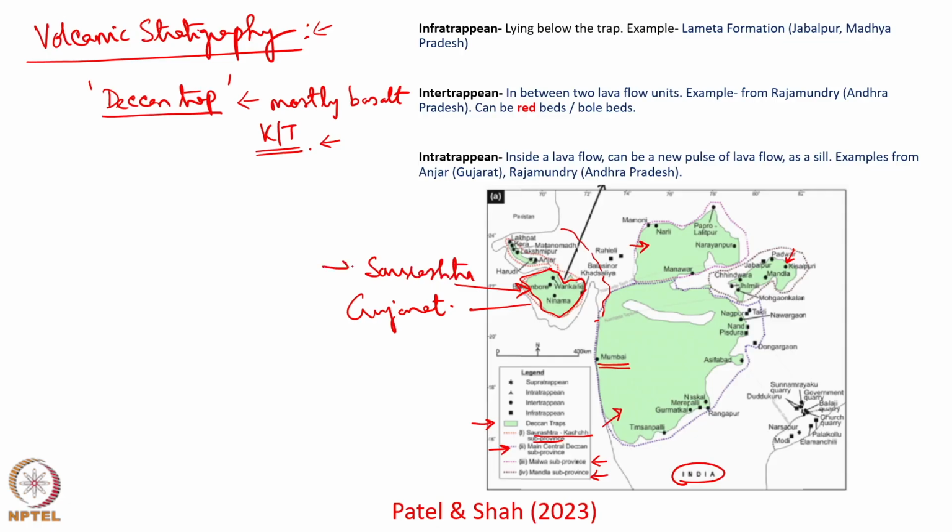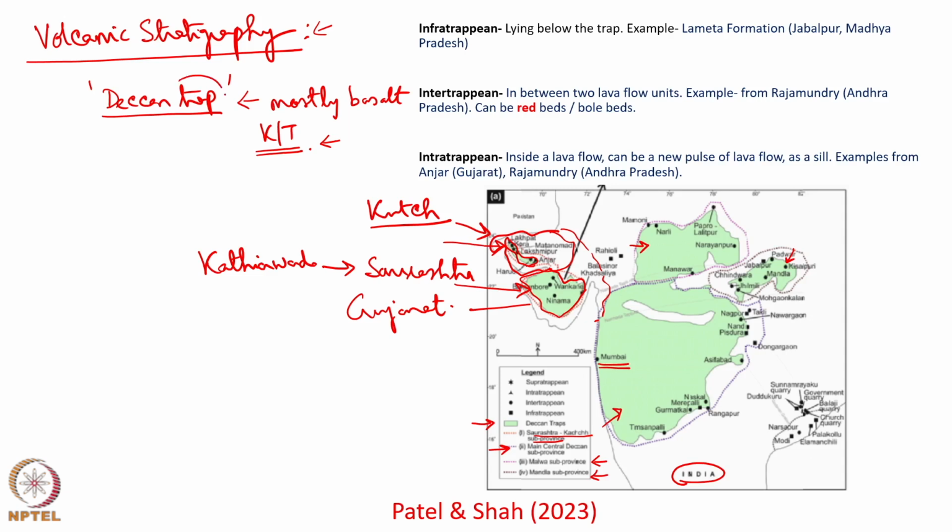In the old literature, it has been called the Kathiawar. This portion of Gujarat is the Kutch region, and here we are also getting a much smaller areal extent of the Deccan Trap rocks.